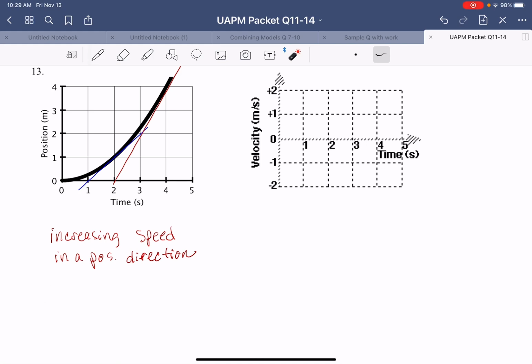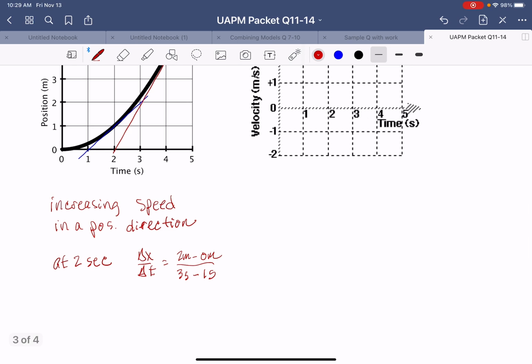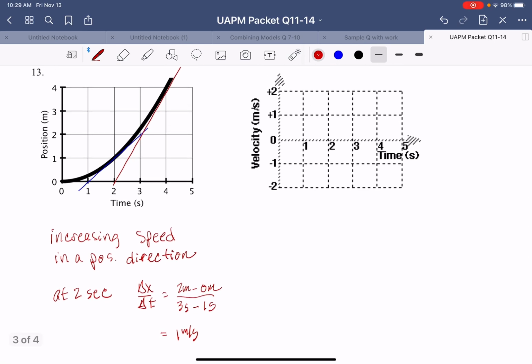At 2 seconds, my slope, my change in position over my change in time, is 2 meters minus 0 meters over 3 seconds minus 1 second. So my slope is 1 meter per second. So I know at 2 seconds, the object is moving at 1 meter per second.